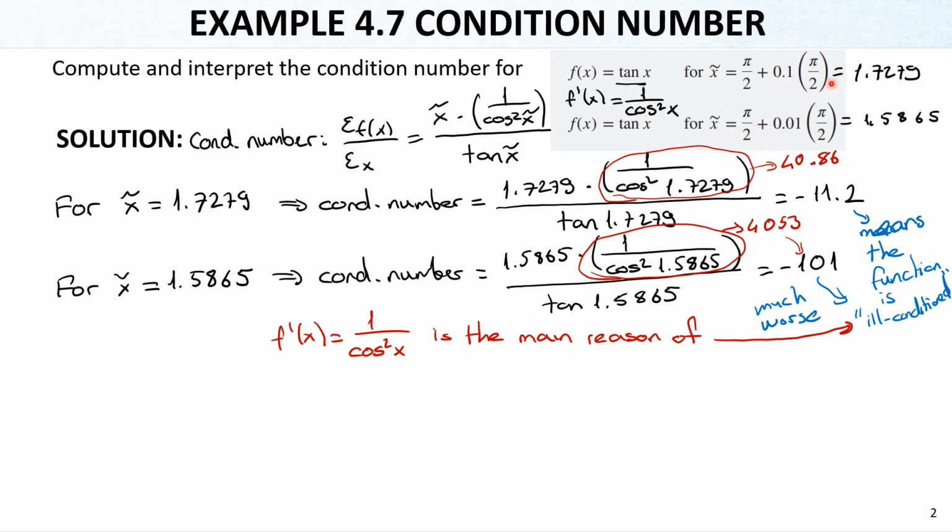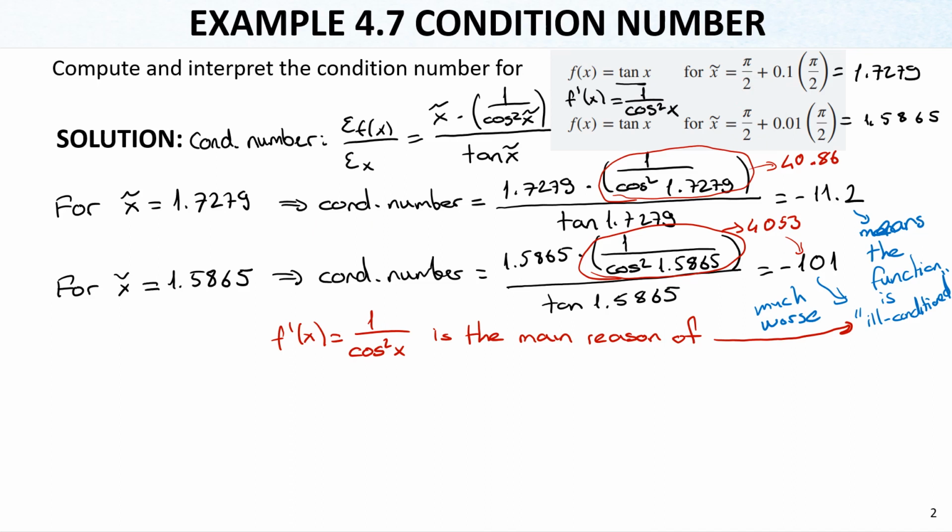Here we have a very slight deviation. There is a little bit more deviation here, getting away from pi divided by 2. That's why we have a better result. If we get further away from pi divided by 2, then we will have better condition numbers, and then we can have better predictions.